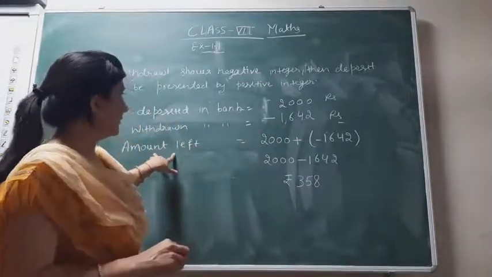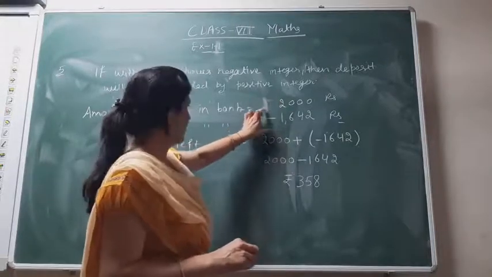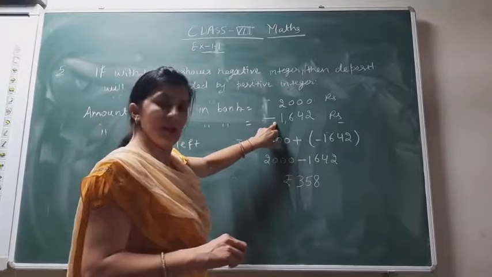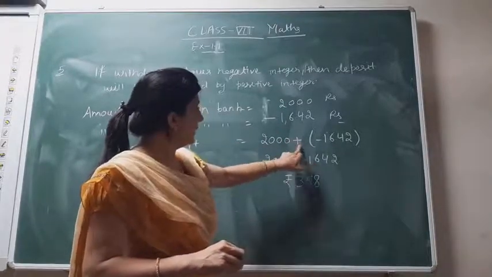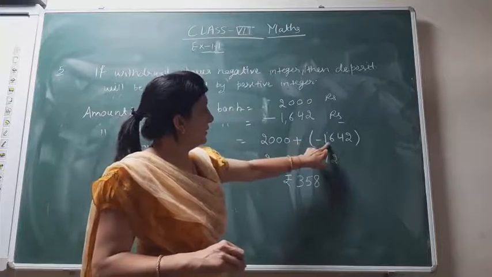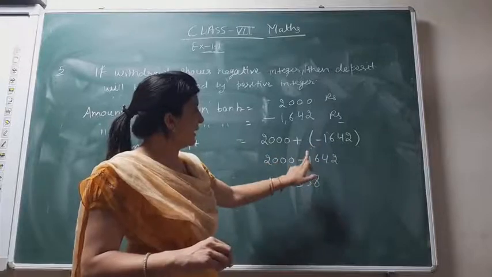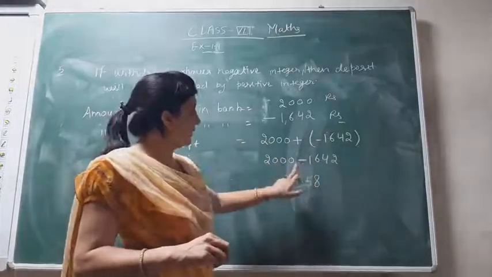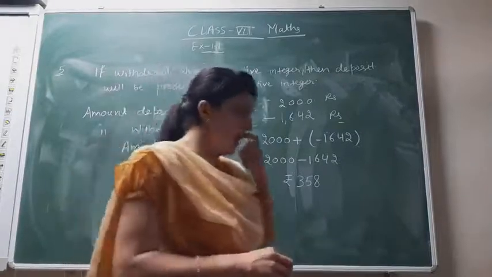So amount left is a combination of both of these, amount deposited and amount withdrawn. We are representing it by a negative integer, plus 20,000 plus minus 1,642. When this is plus and minus, it becomes minus. When we subtract both of these, it is 18,358 rupees.